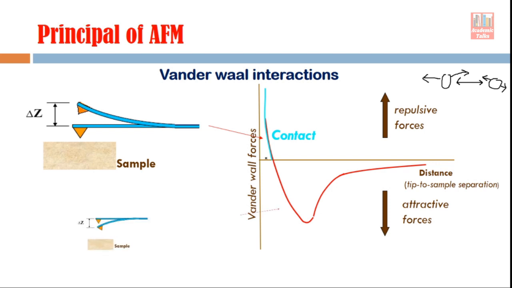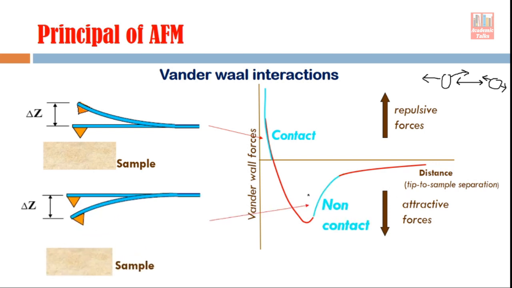Now if the distance between tip and sample surface is large, you can see here in this case, this horizontal position is the normal position of the cantilever, and now you can see the gap between this tip and this sample surface is large as compared to this previous case.